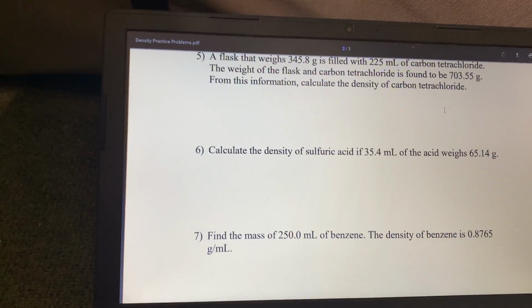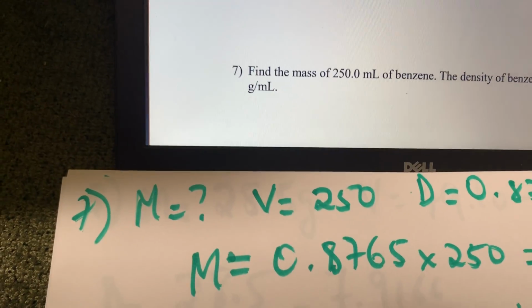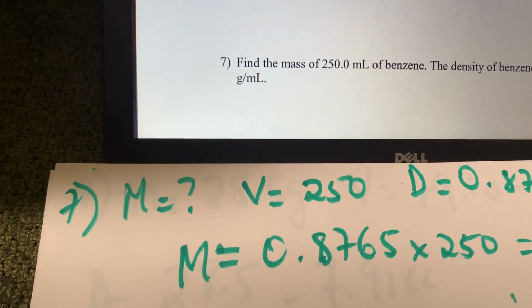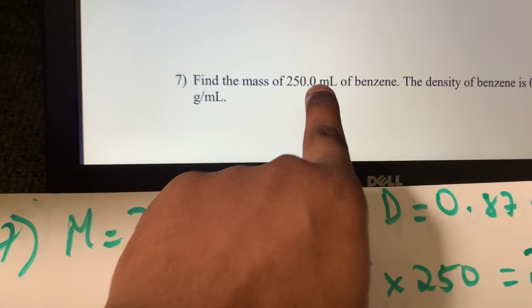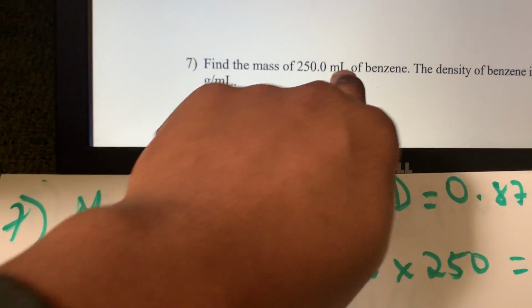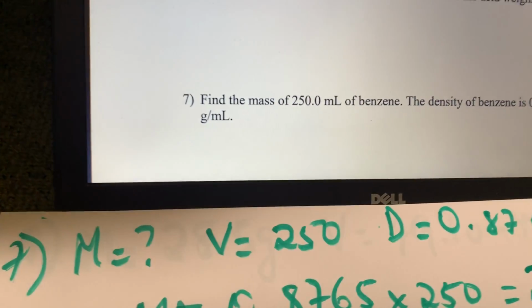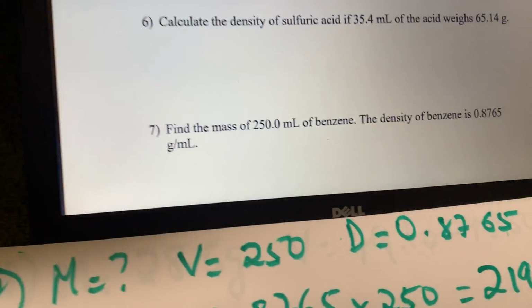So in this question, we don't know the mass, because they said find the mass. But the volume is 250 milliliter, and milliliter shows that it is the volume, right? And they have given us the density, which is 0.8765, right?